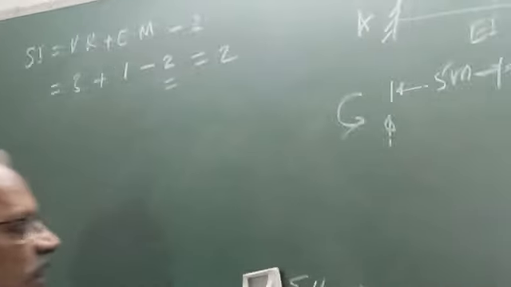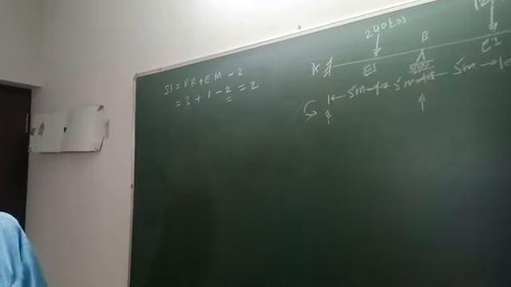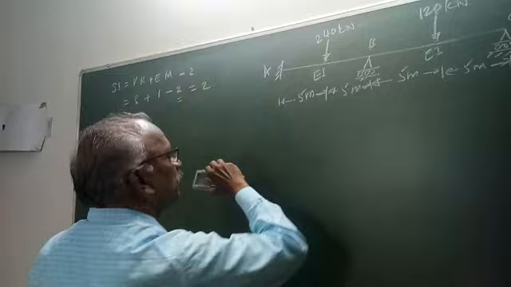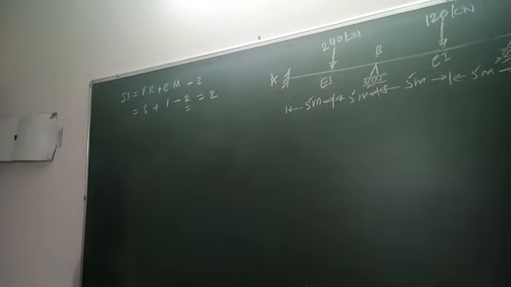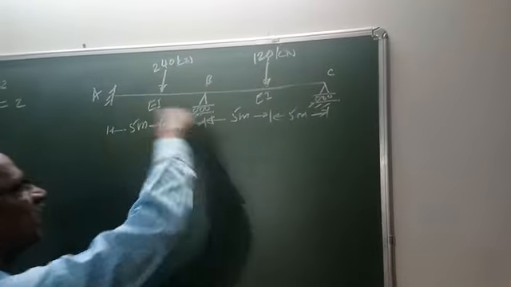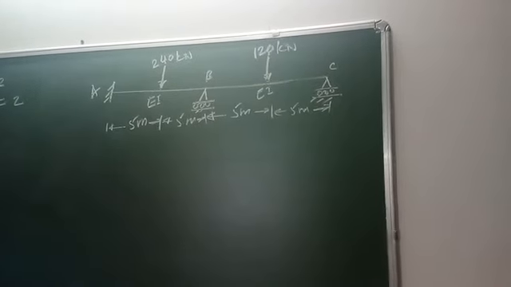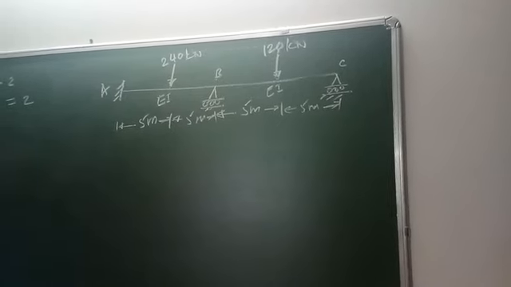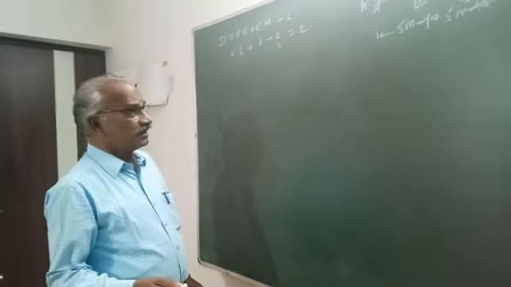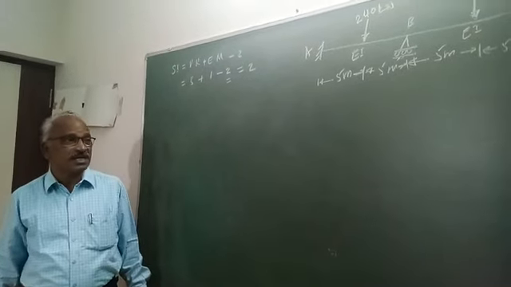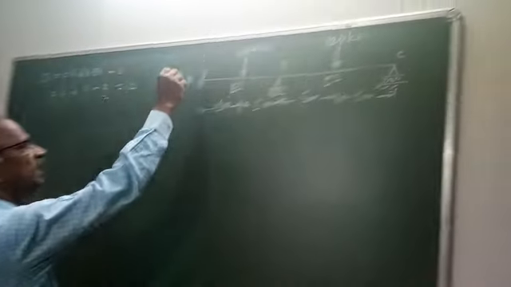So after finding out the degree of static indeterminacy, we have to find out the primary structure. So primary structure, again we can make it as a cantilever by removing the support at B and C. It will be a cantilever. Normally the moment is the important quantity in the case of continuous beams, portal frames, etc. Therefore, we will treat MA and MB as redundant by introducing hinges here.